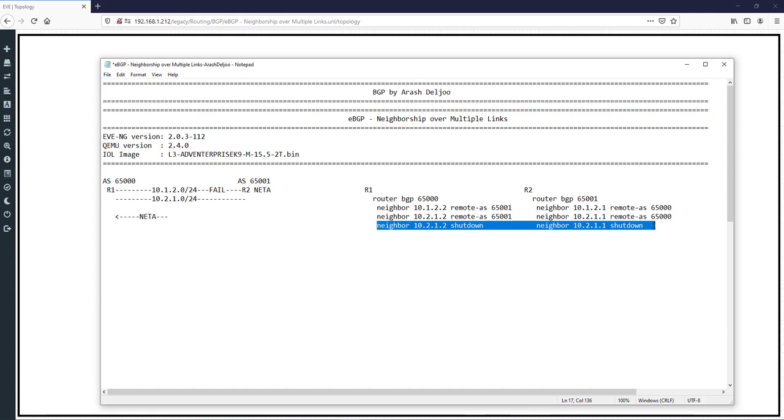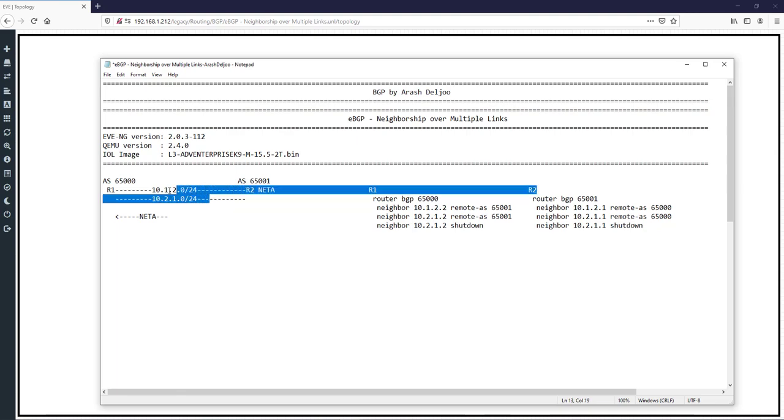But what is the solution? How can we solve this? I don't want two neighborships, and I also can't use one neighborship over one of these links and then, at the time of failure of that link, move to the other link. What is the solution? I want one neighborship over both of these links. This is the solution: if you can, with some tools, configure one neighborship, not two neighborships, over both of these links.